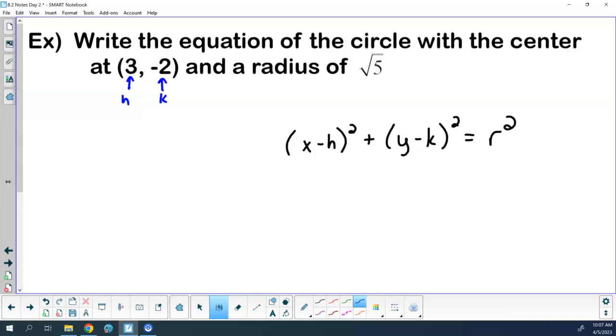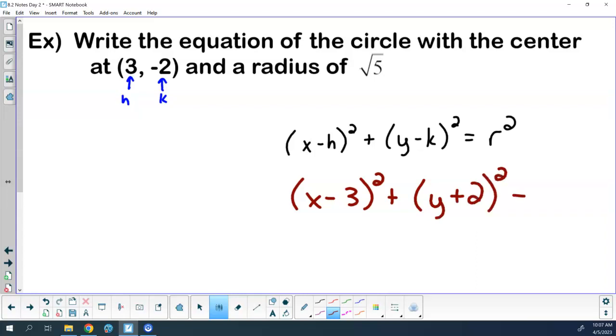So right away, this is x minus 3 quantity squared plus y minus negative 2, so that's going to be plus 2 quantity squared, equals, what's r? R is the square root of 5, so r squared would be what? 5 would be r squared.